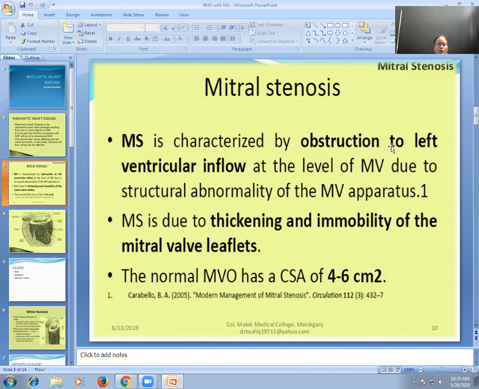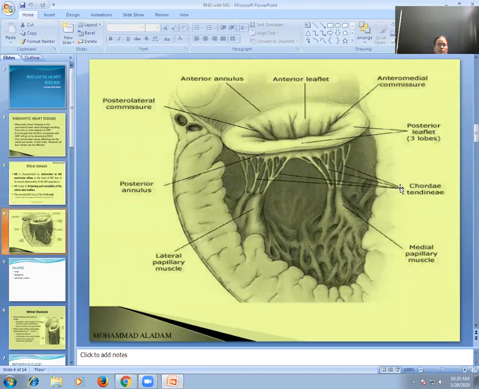It is characterized by obstruction to ventricular inflow at the level of the mitral valve due to structural abnormality of the mitral valve apparatus. See, this is the normal mitral valve. The annulus is the fibrous ring. The commissure is the part where two structures join.